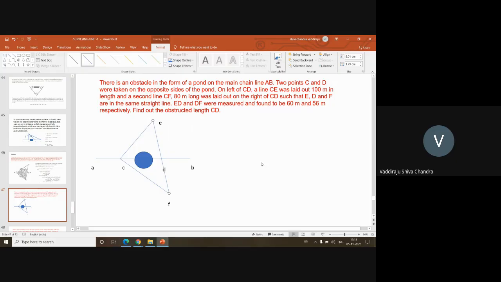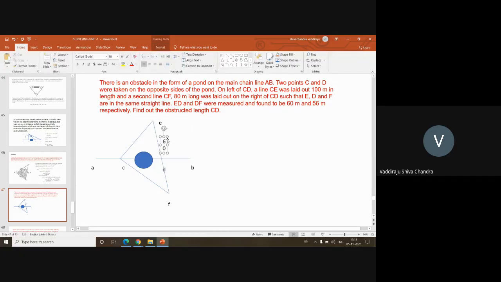ED and DF are measured and found to be 60 meters and 56 meters respectively. So he has given you the distances here. ED, this distance is 60 meters. He has given you the other distance. This is 56 meters. And he has given this value as how much? 100 meters, this one.